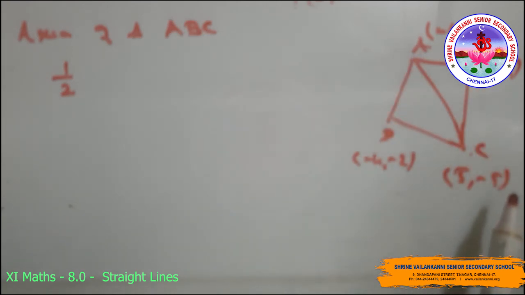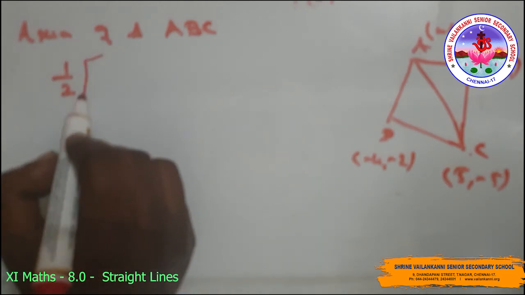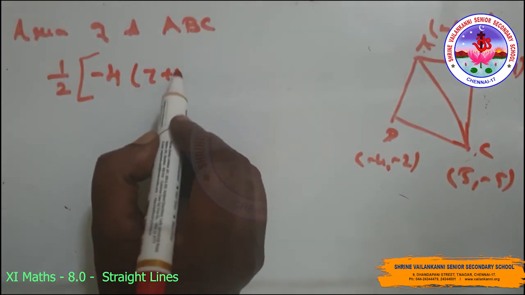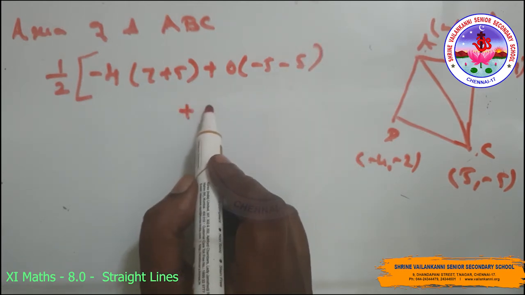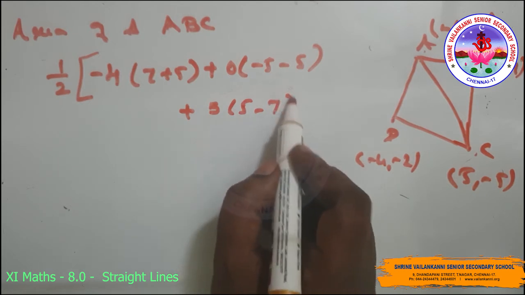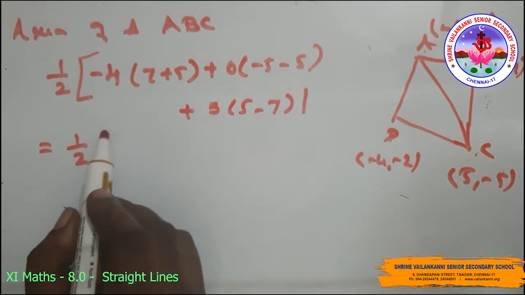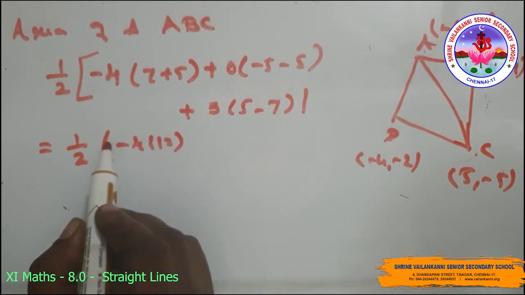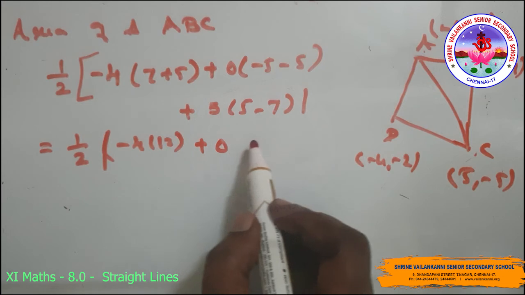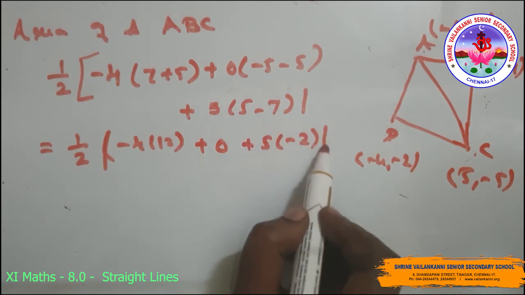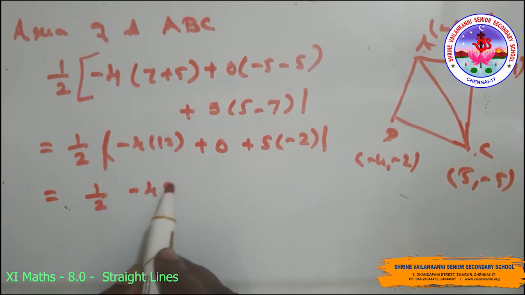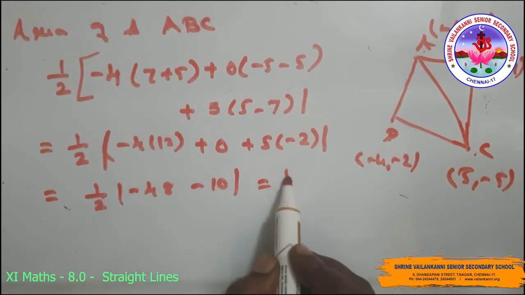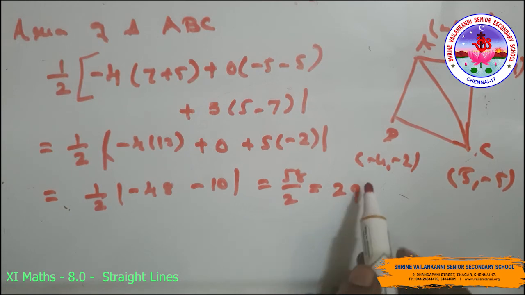Area of triangle ABC, with (x1, y1), (x2, y2) and (x3, y3): half of [-4 into (7 plus 5) plus 0 into (-5 minus 5) plus 5 into (5 minus 7)], which is half of [-4 into 12 plus 0 plus 5 into -2], which is half of (-48 minus 10), which is 58 by 2, which is 29 square units.